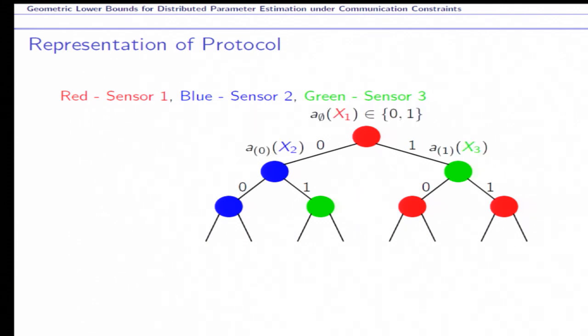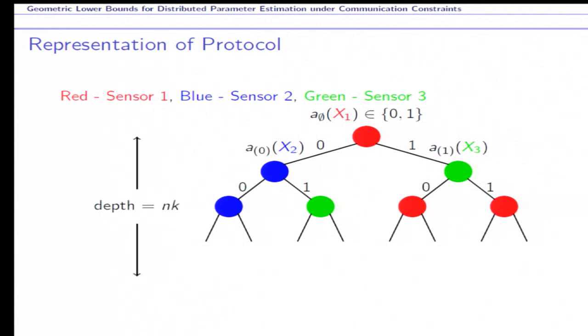How each node decides what to send is just by some strategy function. We assume that it's deterministic. It depends on the location of the node in the binary tree and also its own observation. For example, sensor 1 receives x1, this one receives x2, and the subscript represents the location in the tree.